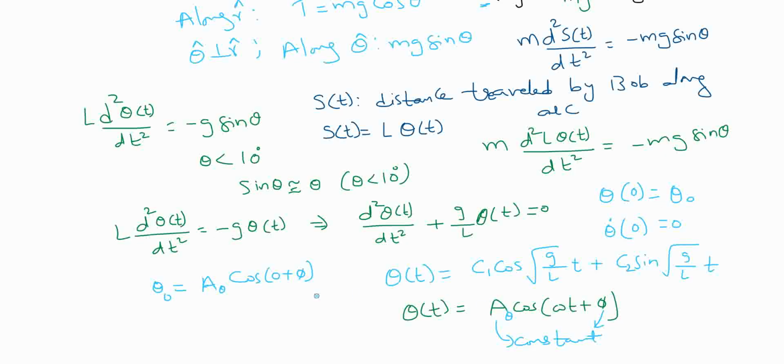When we substitute time t equal to 0, we get A cos phi is equal to theta naught. This subscript is just to say that we are dealing with the angular displacement and there is no other significance for the subscript. This is one condition.